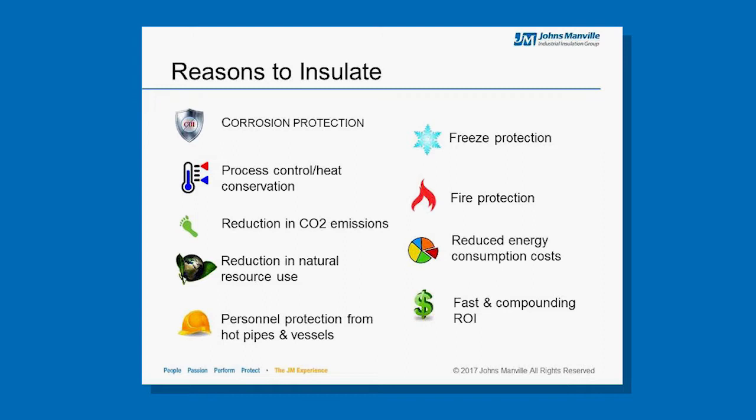Process control controls your operational costs; reduced energy consumption reduces your impact on the environment, as well as your operational costs. From a protect standpoint, I mentioned the reduced impact to the environment, but also protect your people by allowing for personnel protection with regards to the insulation materials, as well as protect your equipment with respect to corrosion.